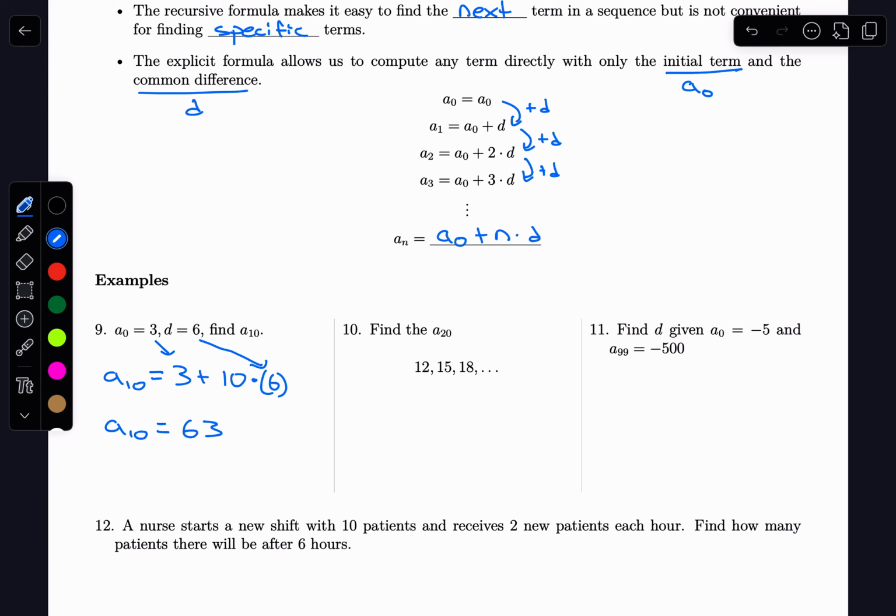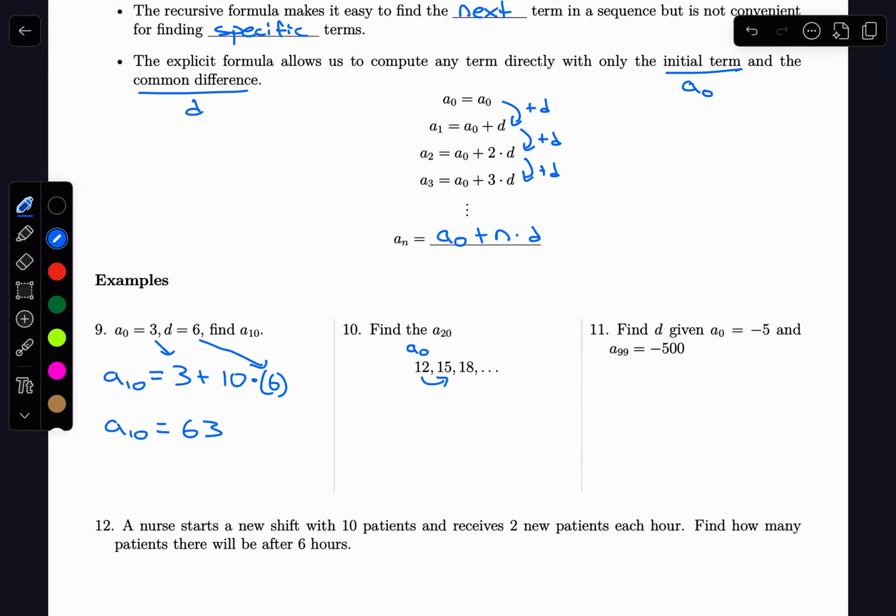All right, number 10 says to find a sub 20, and we are given the sequence 12, 15, 18, and so on. So remember that we need the initial term and we need d. So we have the initial term given to us. A sub 0 is that 12 that's in front. So now all we have to do is establish the common difference.